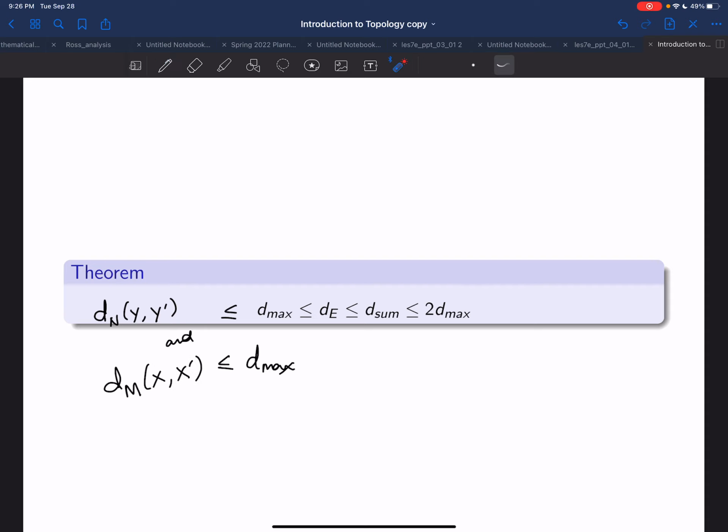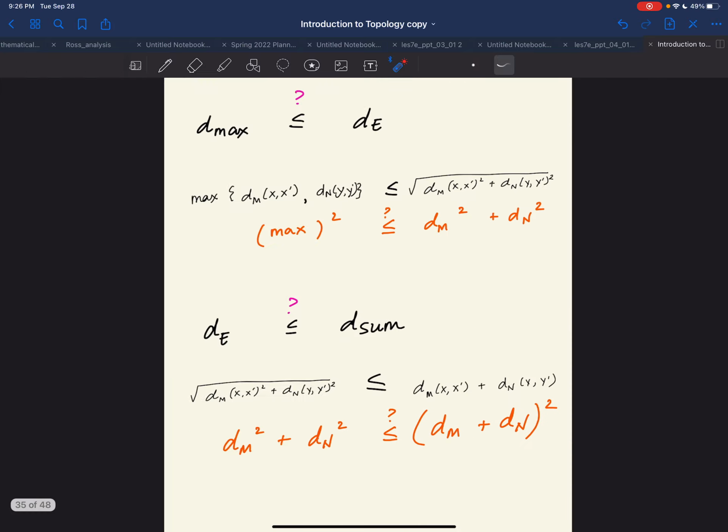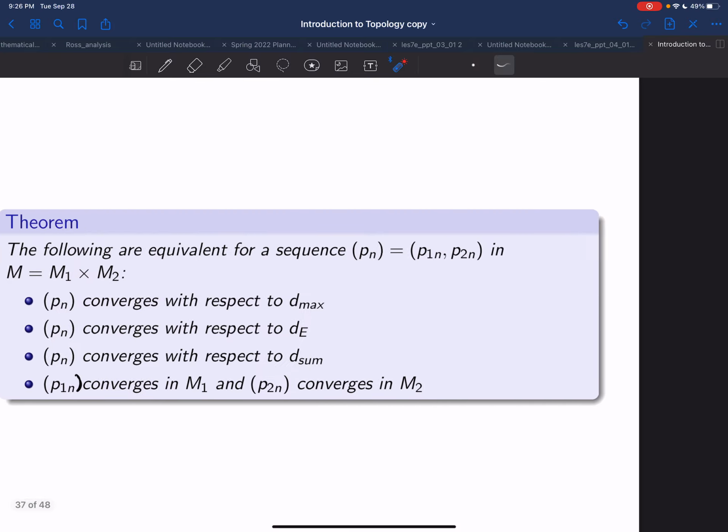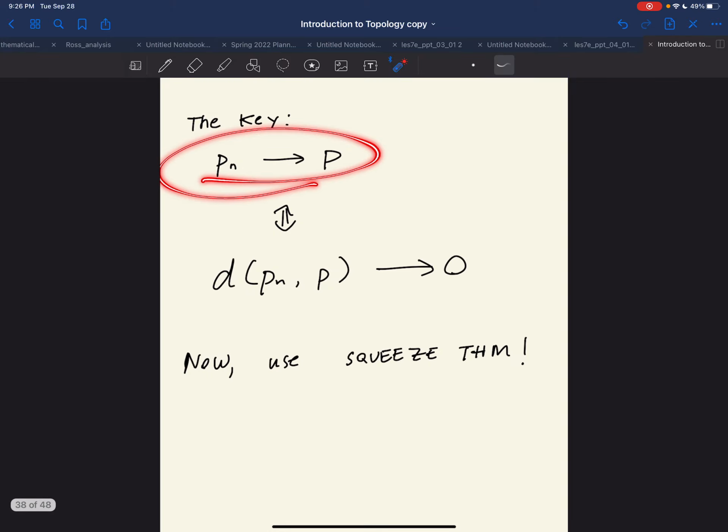So the idea is that the distance for any of the components is going to be less than or equal to the distance when we are looking at the product spaces. So we can use that same squeeze theorem to conclude that convergent sequences will have their distance go to 0 for each of the component sequences.